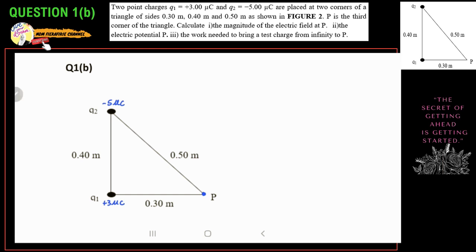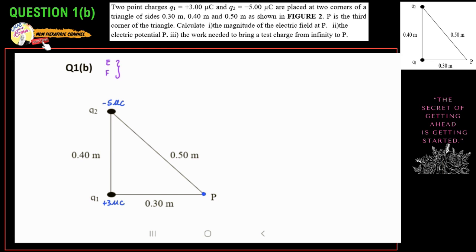Remember from the previous video, in set 1 I discussed electric field and electric force. Before you start your calculation, make sure you draw first the direction of the electric field at point P, or the electric force on charge Q1, Q2, Q3, depending on the question.